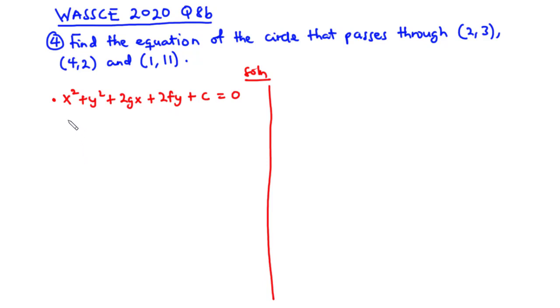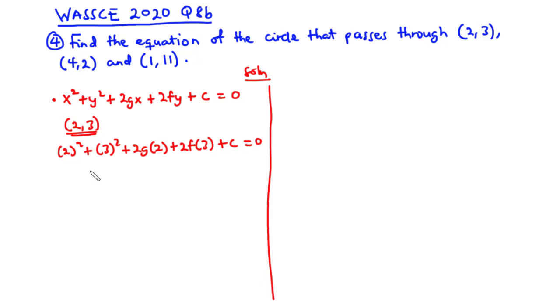So starting from the first point, 2, 3. So we have 2 square plus 3 square plus 2g times 2 plus 2f times 3 plus c equals 0. Now 2 square is 4, and then 3 square is 9.